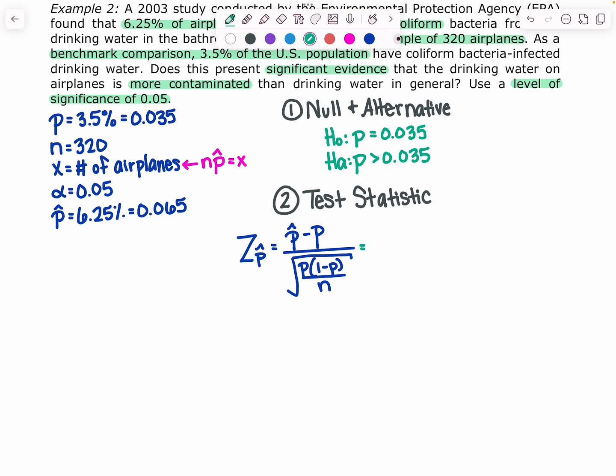So we don't have to calculate p hat because we know what p hat is: 0.065 minus 0.035 divided by the square root of 0.035 times 1 minus 0.035 divided by 320 airplanes.